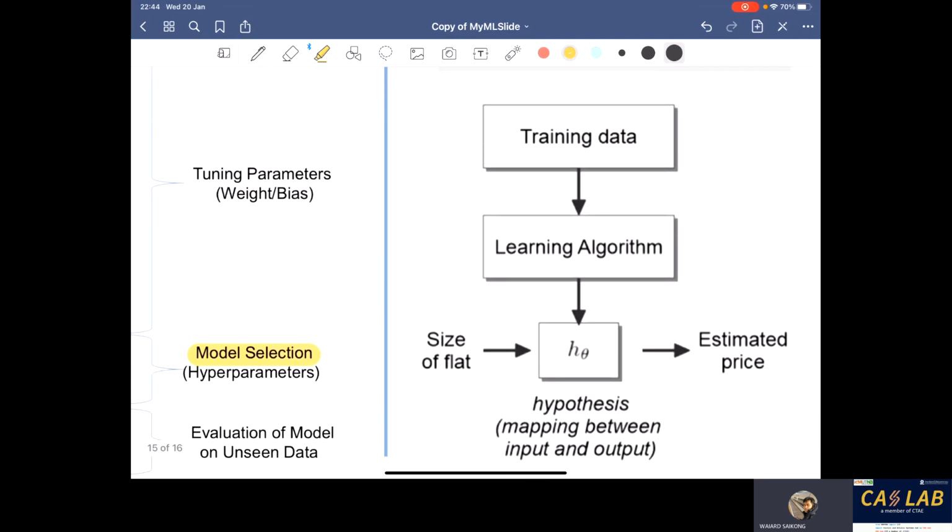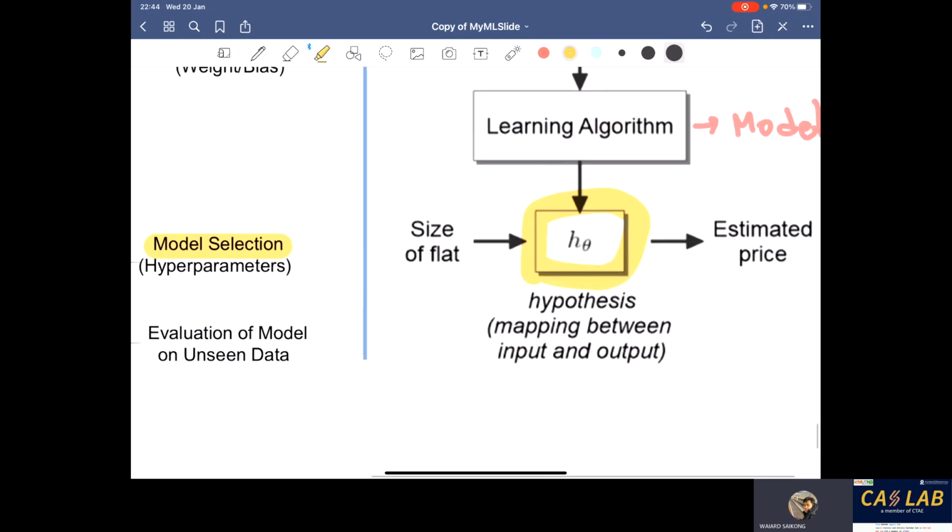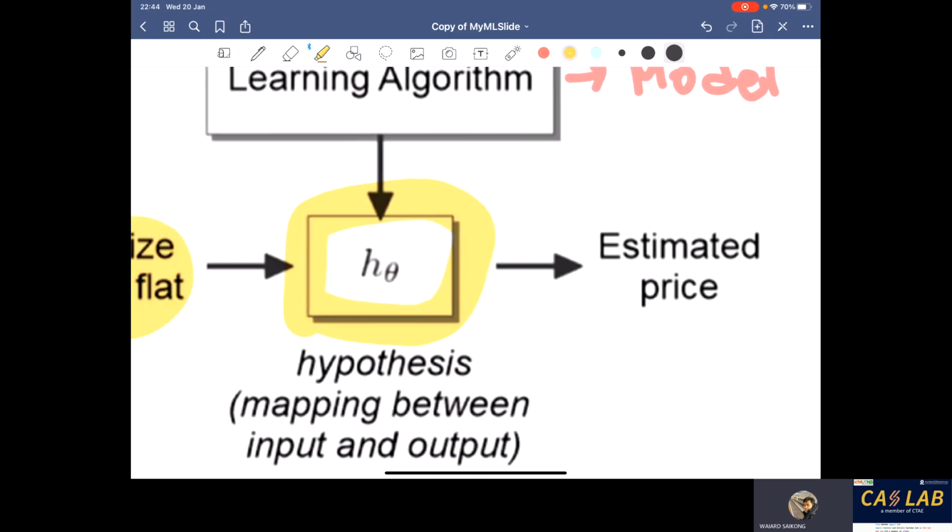We input the training data into our algorithm or our model, and the model will give us the hypothesis function, and we use the hypothesis function to predict the size of a house or the size of a flat, and we will get the estimated price.